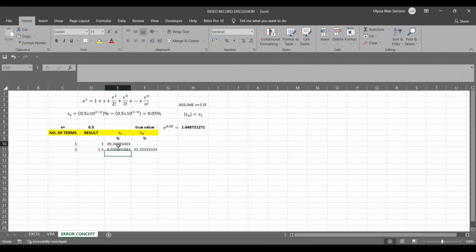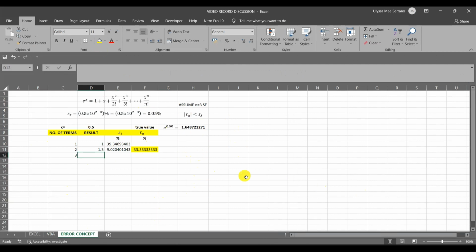So, ito na, makikita nyo, andito na yung value ating percent. So, 9.02% and 33.3%. You will notice sa approximation, dapat ang ating approximation ay less than, dapat ito ay less than sa ating 0.05. So, nagkataon na malaki pa yung value niya, which is 33.333. So on and so forth.